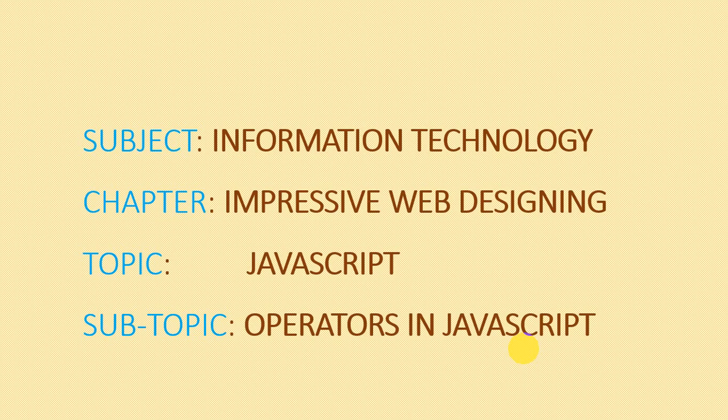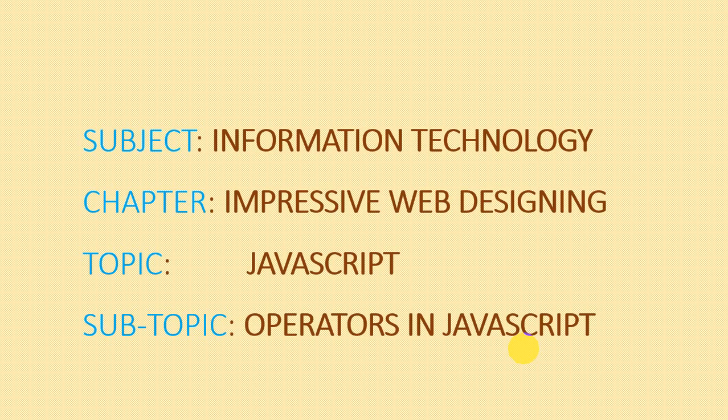For example, if you want to perform addition, you have two values, value x and value y, but in between these two values you need a certain symbol. That symbol decides what you are going to perform. For addition we have a special symbol, for multiplication we have a special symbol, for division we have a special symbol. So these symbols are called operators.